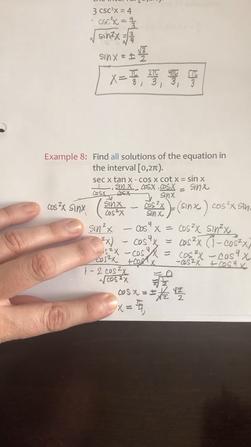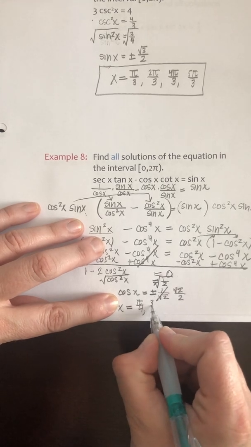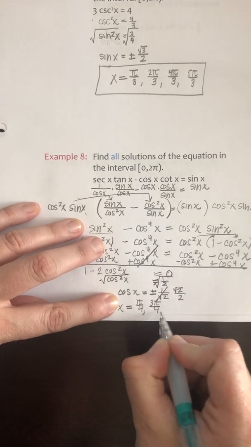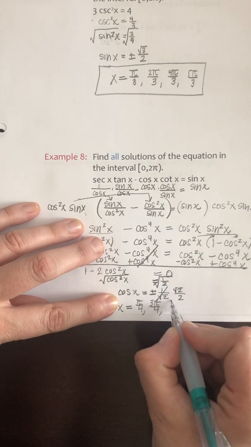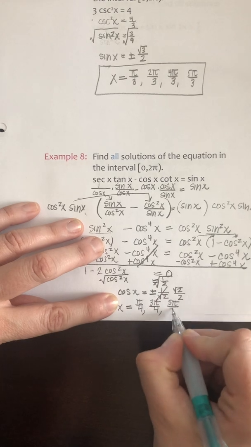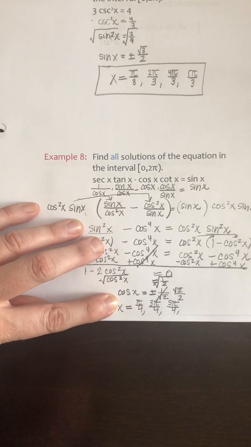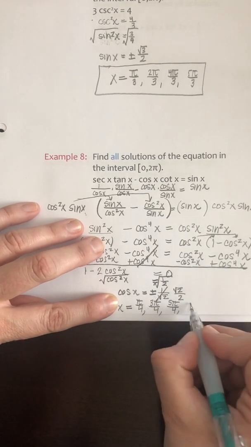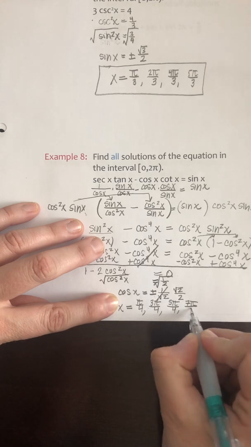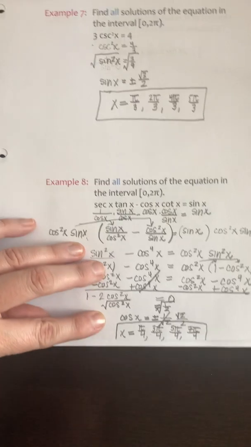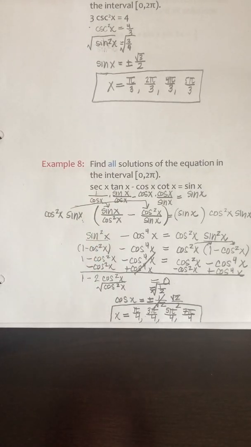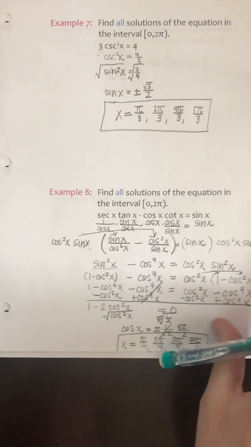In quadrant 2, cosine would be negative, and that occurs at 3 pi over 4. In quadrant 3, cosine would also be negative, and where does that occur? That occurs at 5 pi over 4. And lastly, in quadrant 4, it would be positive, and that occurs at 7 pi over 4. So the knowledge of the unit circle is going to help you greatly, or if you didn't learn it, hurt you greatly in this section.